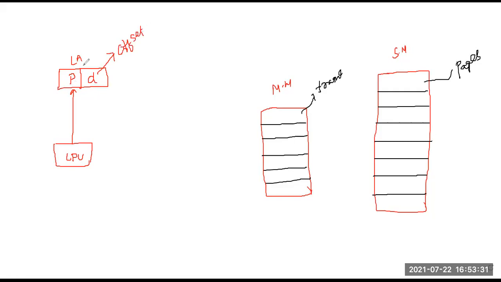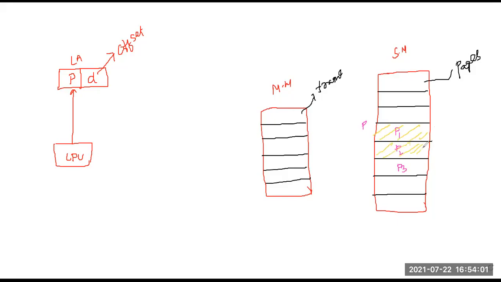Now what we have to do is convert this logical address to the physical address. Suppose, for example, there is a program P which occupies 3 pages: page 1, page 2, and page 3. Assume each of these pages is 1 KB.